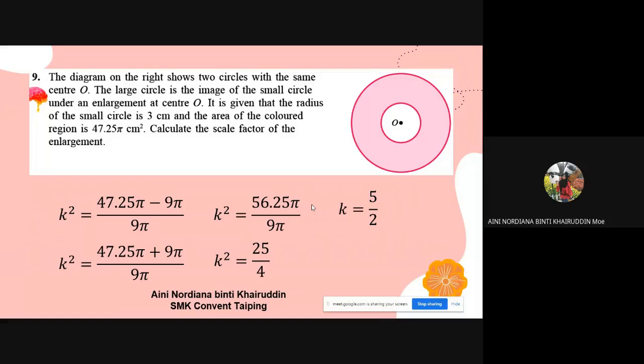Teacher, I don't understand how to do this question. Question number 9. Okay, the diagram on the right shows two circles with the same center O. So actually there are two circles here.